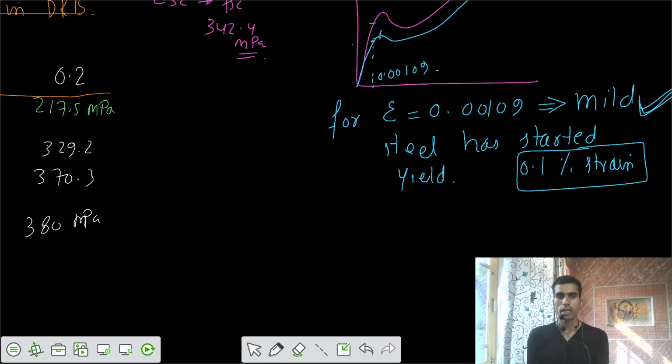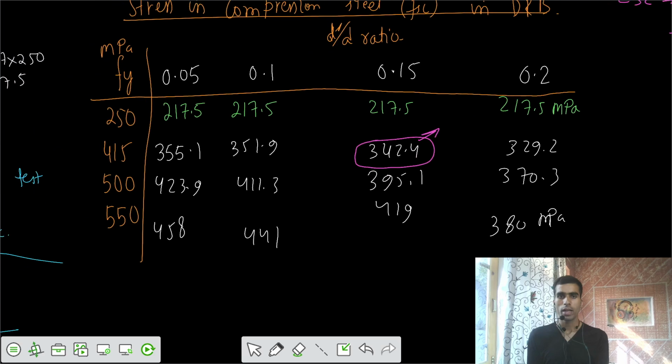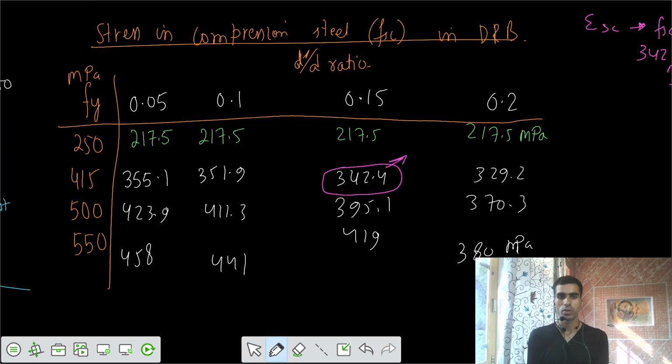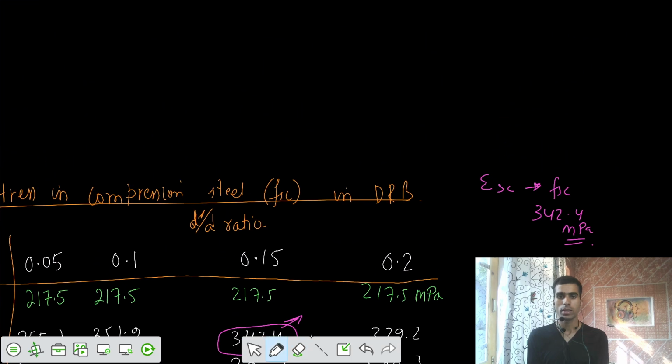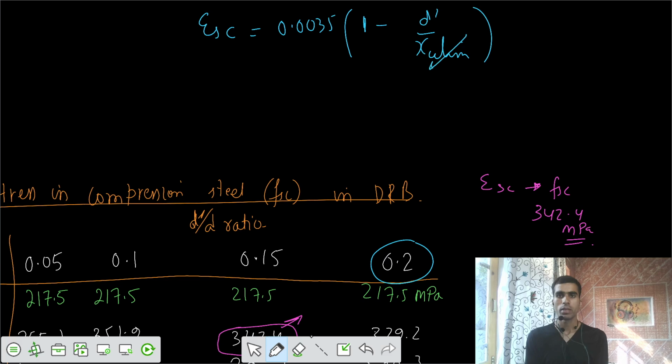But if you take any of these ratios, let's take the ratio of d dash by d of 0.2, what should be the strain in steel? That equation we know: 0.0035 times 1 minus d dash by Xu limiting. And the value of Xu limiting we know for mild steel is 0.53 d.